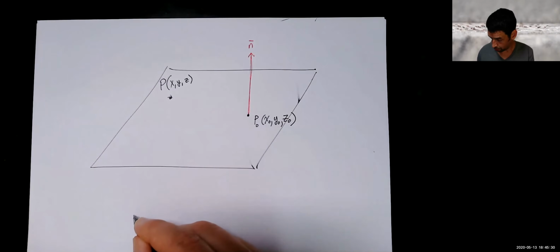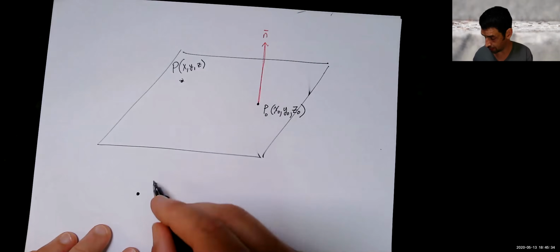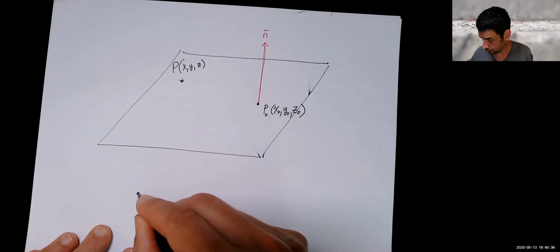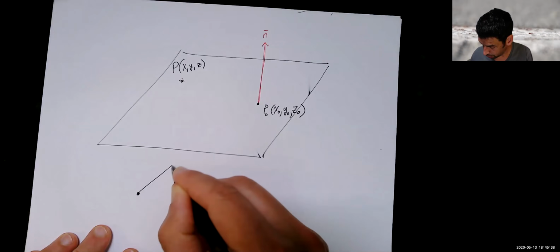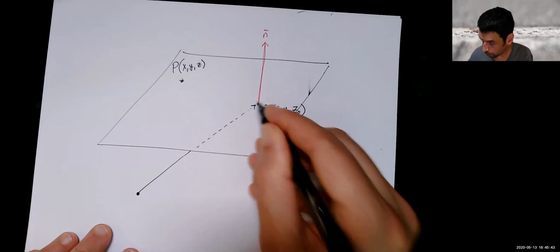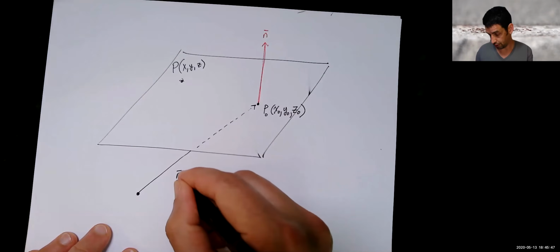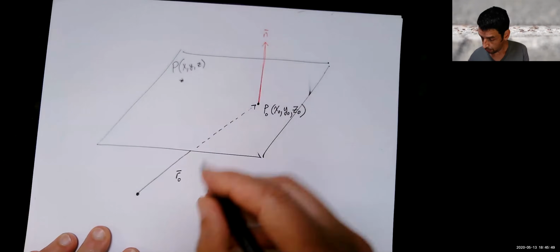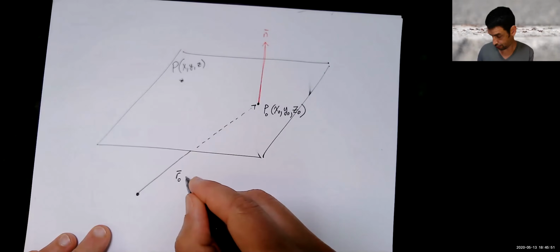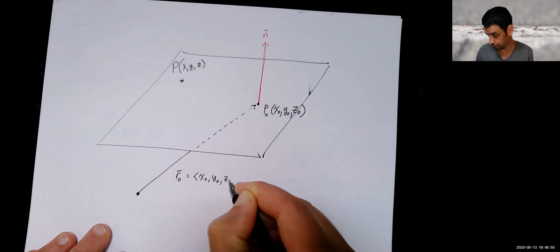So here's what we're gonna do. Here's the origin. I'm not gonna draw the axes because it'll make this picture very confusing. So I can draw from the origin to the point P naught a vector that I'll call R naught, right? And in component form this would be x naught, y naught, z naught.